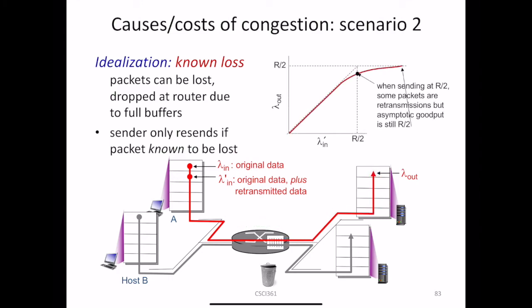For this version, we can see the sender will issue a retransmission when the router's buffer fills up. So when sending at R divided by 2, some packets are retransmitted, but the asymptotic goodput is still R divided by 2 from the long-term view. So the throughput is still close or equal to R divided by 2.